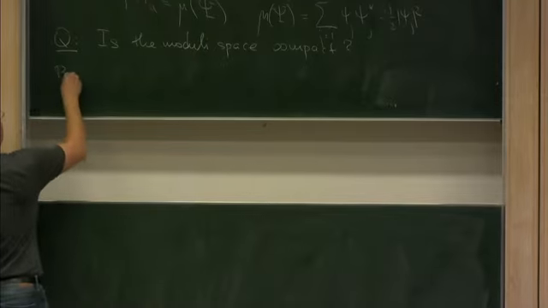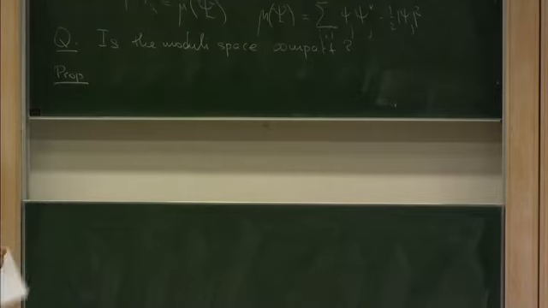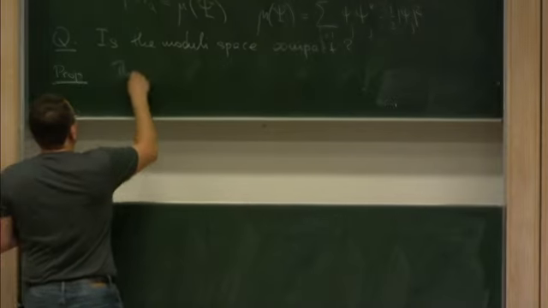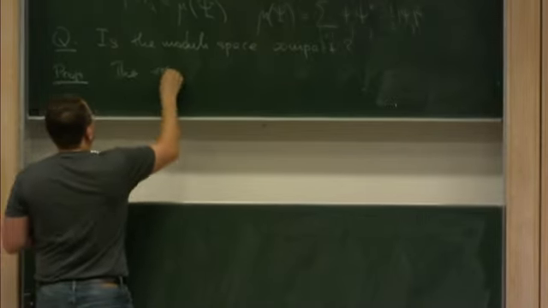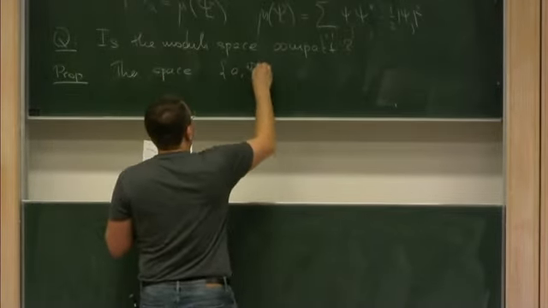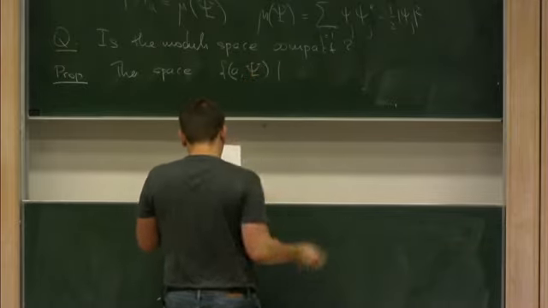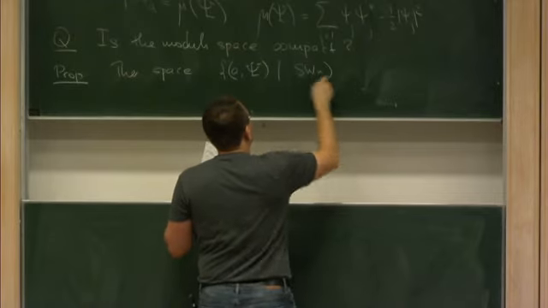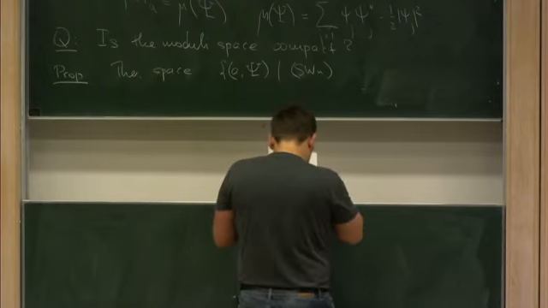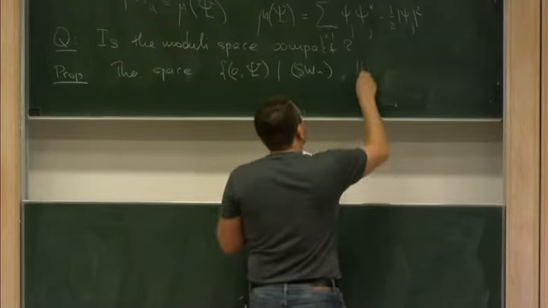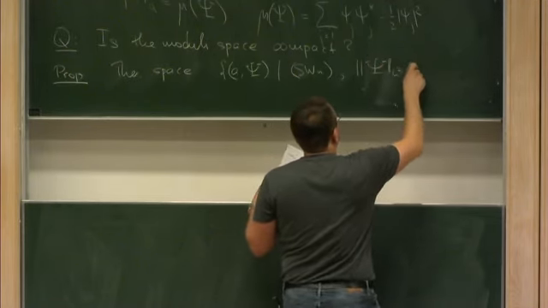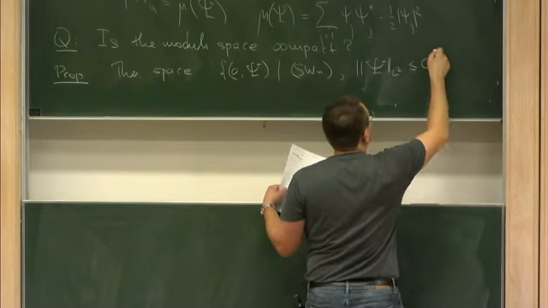It turns out it is true, but with an extra constraint. Namely, consider the space of pairs (A, psi) such that we have a solution of the Seiberg-Witten equation with n spinors, but you impose the condition that the L2 norm of psi is bounded by some constant.